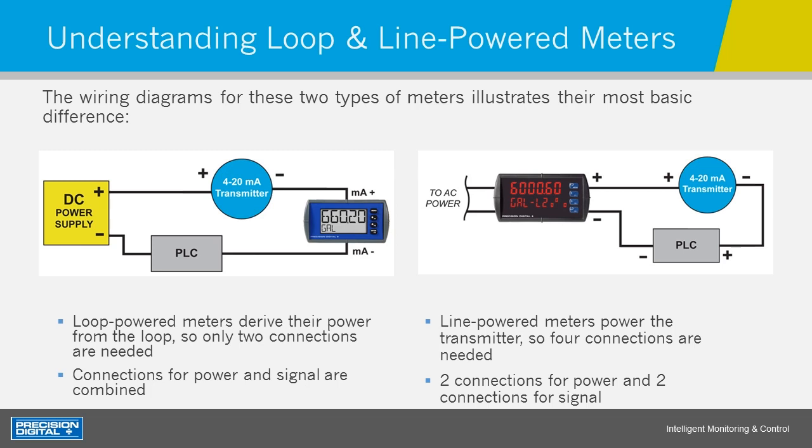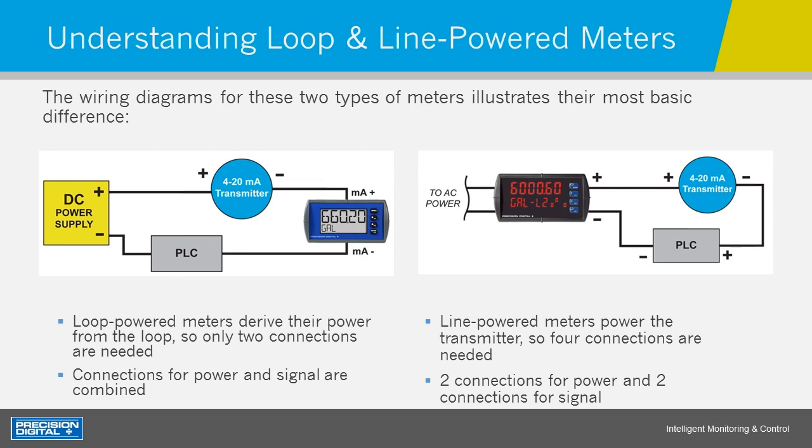So in this example, we've got our DC power supply running our 4 to 20 milliamp loop. And let's say this was an existing application, and that really what I originally just had my transmitter tied to my PLC, and then I broke that wire. I added in a loop-powered meter later. The question is, does that have any impact on this loop?